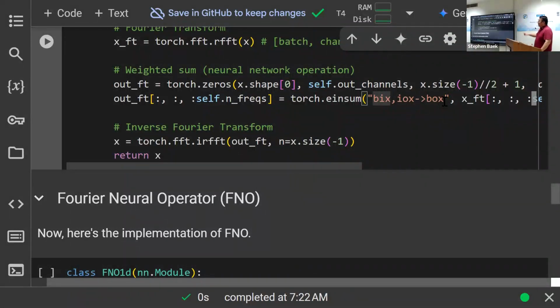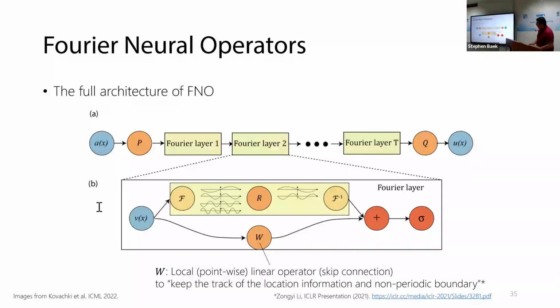So remember in the definition of the Fourier neural operator layer, we had this linear transformation R, where you start from some number of Fourier coefficients to, after the transformation, some other number of Fourier coefficients, right? So in this illustration, we have 4 components to 2 components. And then R is basically in this case a 2x4 matrix that maps the 4 components to 2 components. So that's essentially what we're doing over there.